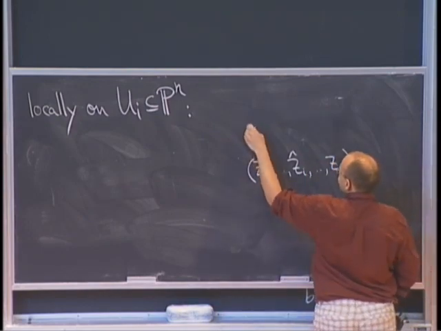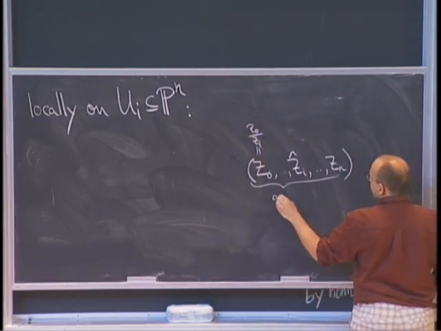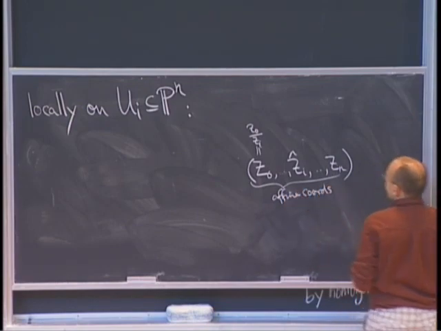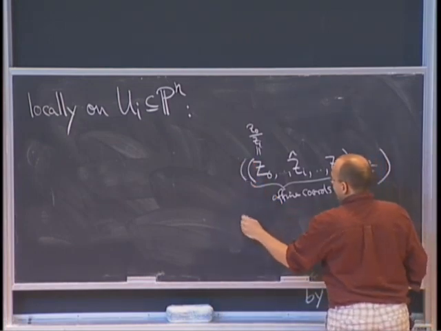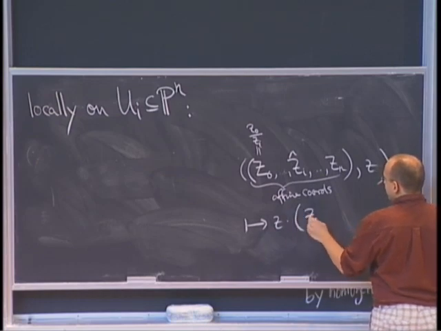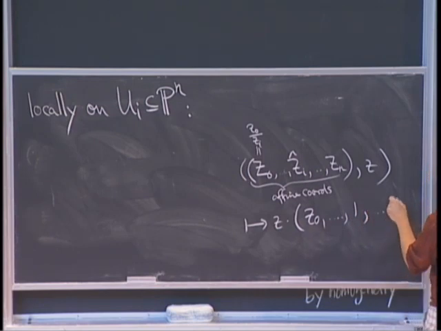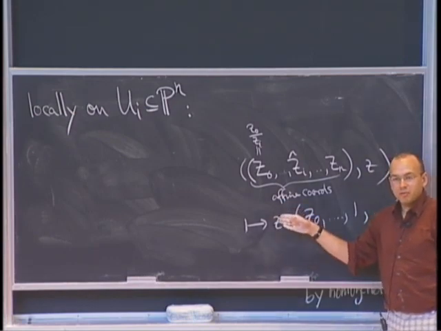So this is just little z_0 over little z_i and so on. So these are affine coordinates. And then little z, that's my fiber coordinate, and then I just map that to z times the vector z_0, and then in the ith place, I put a 1, in C^{n+1}. So that's my canonical trivialization. And z is this holomorphic fiber coordinate that doesn't really play a role if I compute the curvature.